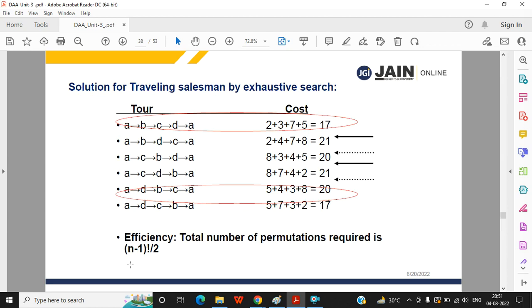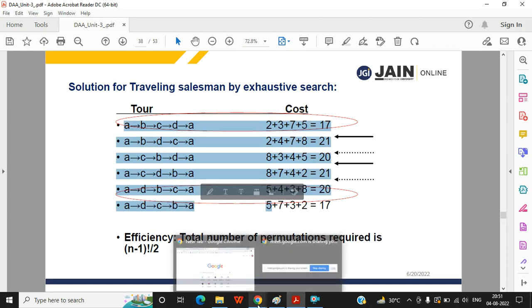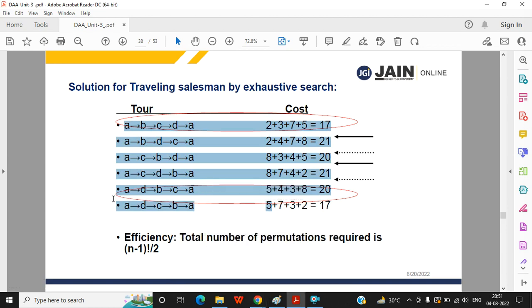So you have 6 permutations. Sorry, 6 number of permutations, divided by 2.